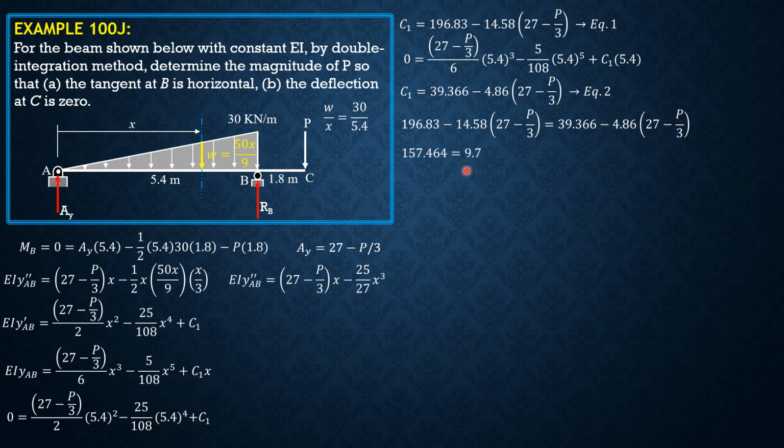So 157.464 equals 9.72 of 27 minus P over 3. So 157.464 over 9.72, then make it negative plus 27, then the answer multiplied by 3. That's the value of P. So P is 32.4 kilonewtons.